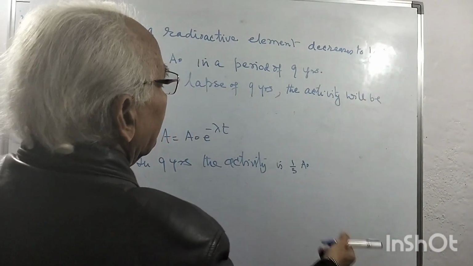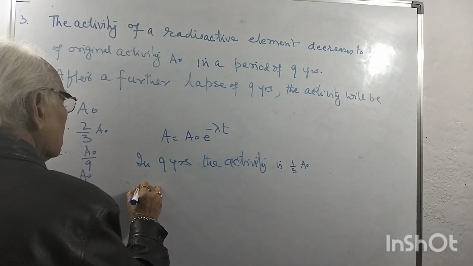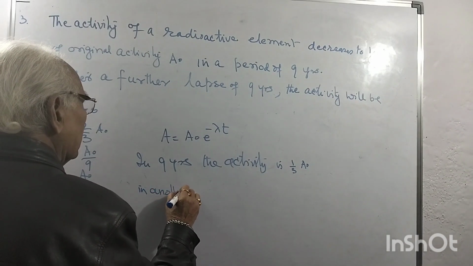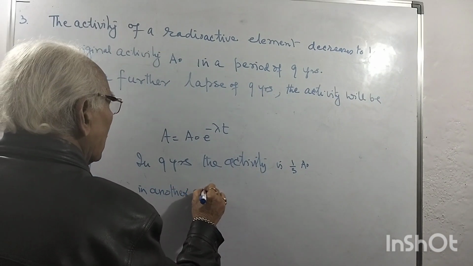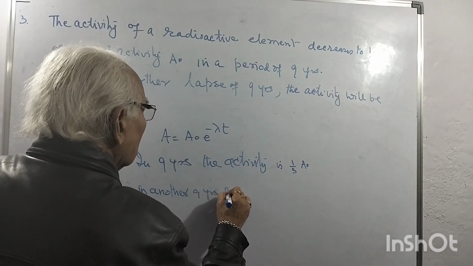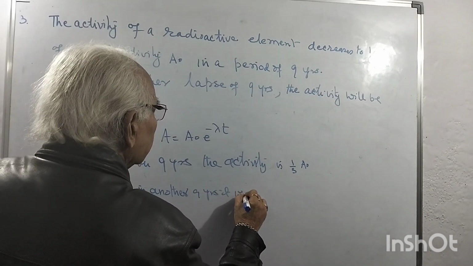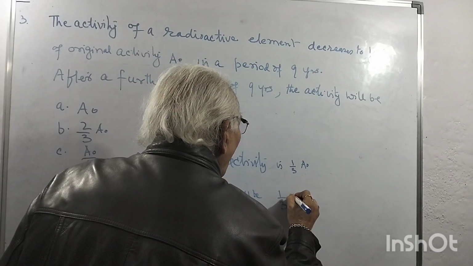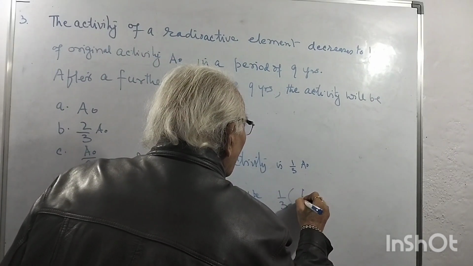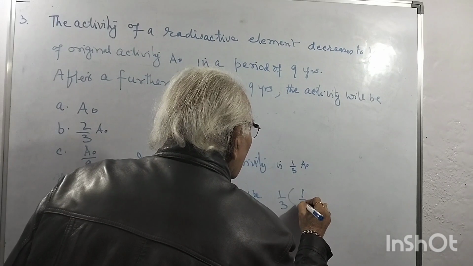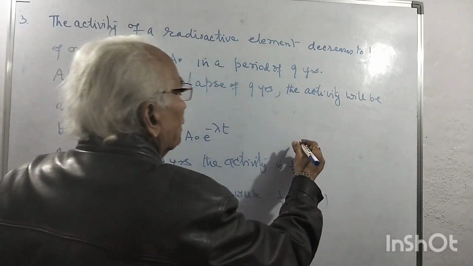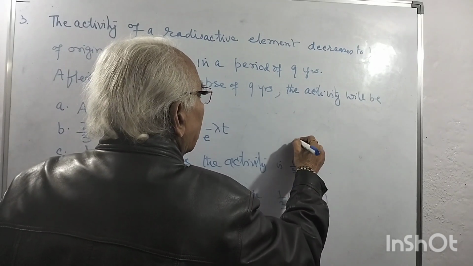So in another 9 years, it will be 1/3 of this, because we started from A naught.